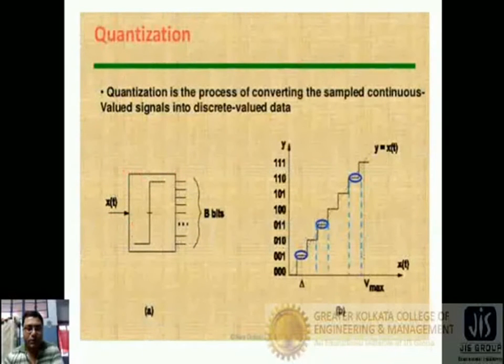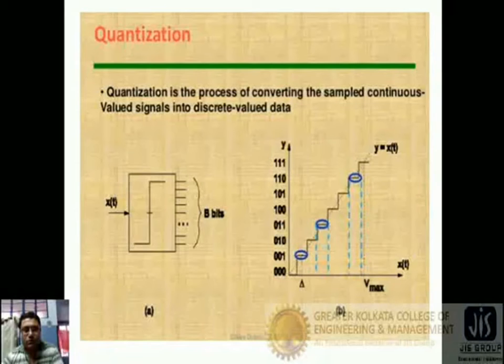So quantization is the process of converting the sampled continuous value signal into discrete value data. That means x(t) is the input signal, and after sampling, the sampled value is converted into certain levels of discrete value data. Here we can see 8 steps.